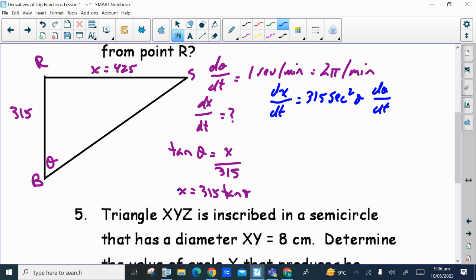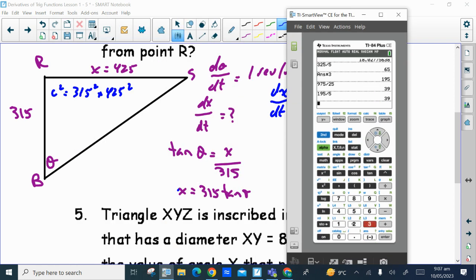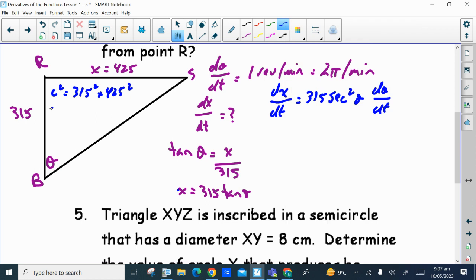The cosine is adjacent over hypotenuse, so we need the hypotenuse here. So c squared will equal 315 squared plus 425 squared, which we can use our calculator to get for us. So c squared will equal 279,850.